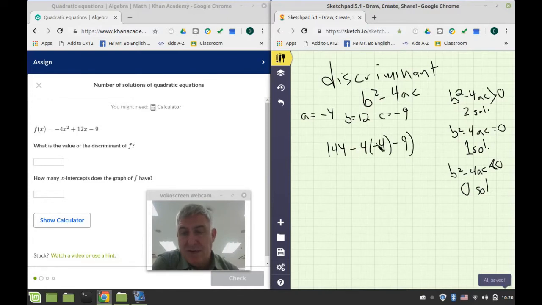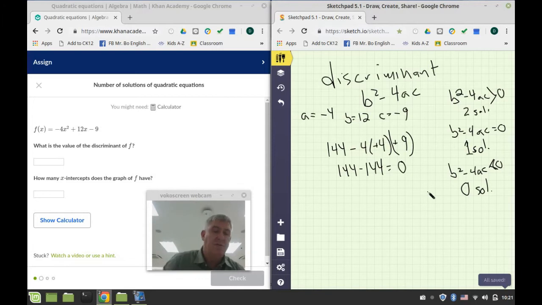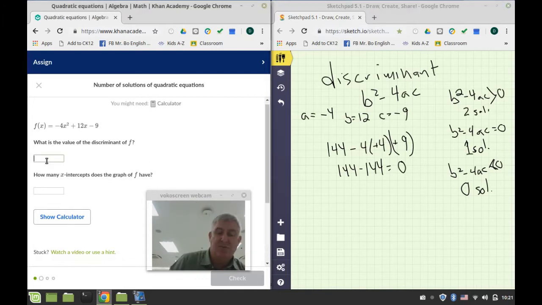And let's see, those are going to cancel out. I still have a minus here, so 36, 120, 144. 144 minus 144. So the discriminant is 0. So the value of the discriminant is 0.